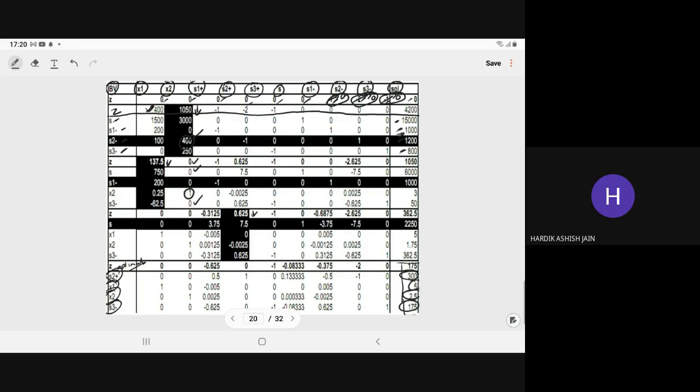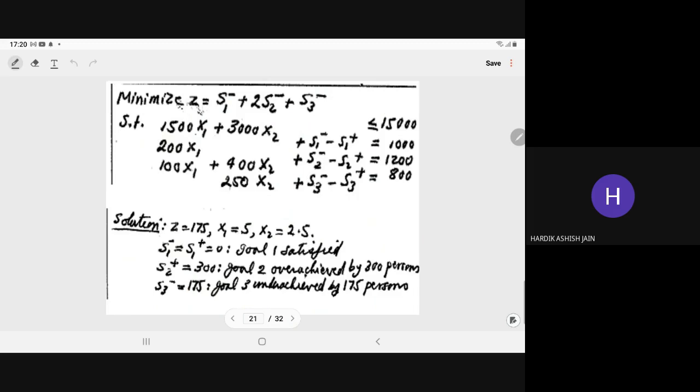Any other doubt in the weight method? So this is the weight method. You just have to make one objective function from the goals, and you have to apply the simple simplex method. So here we have the concluding remark: Z is equal to 175, x1 is equal to 5, x2 is equal to 2.5, S1 minus and S1 plus are equal to 0, goal satisfied.